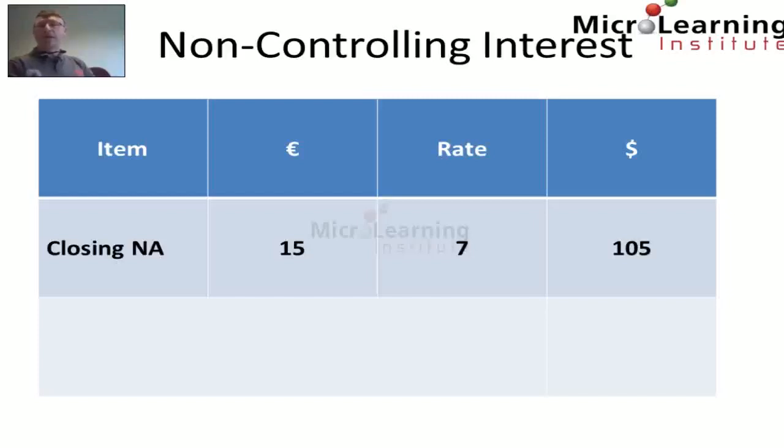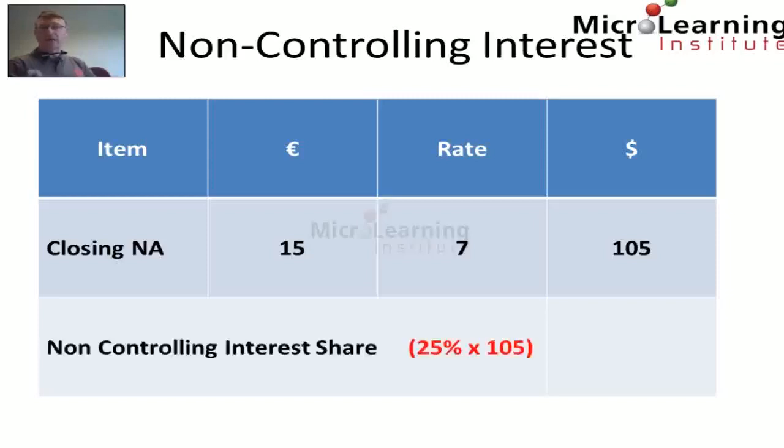So the closing net assets of B in dollars is $105,000, and of course the non-controlling interest share, they're entitled to 25% of the fair value of the net assets of B in dollars. So consequently, our non-controlling interest is $26,250.